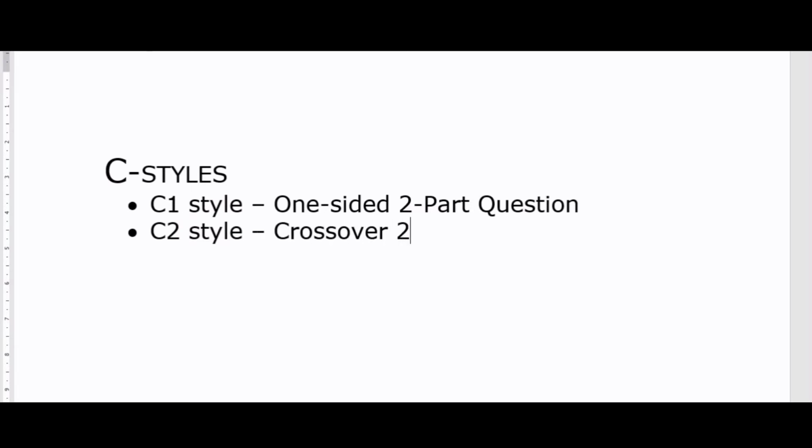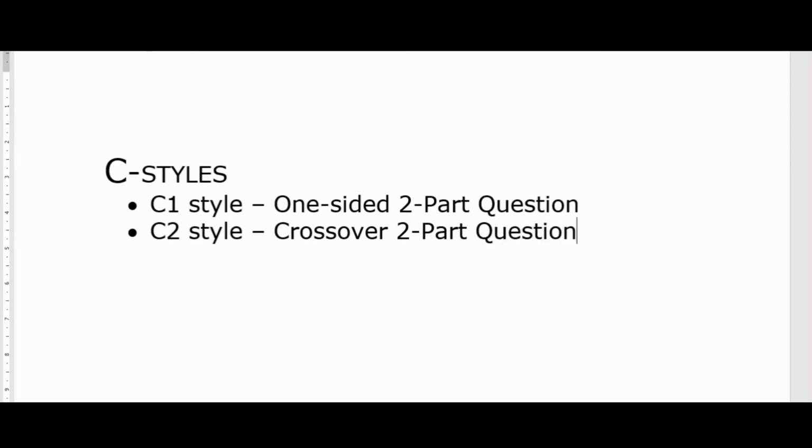So for the C styles, we can now label this as the one-sided two-part question. Of course, since it's one-sided, then we can implement what we call the A1 or the A2 styles. And then for the C2 style, these are what we call the crossover two-part question prompts.